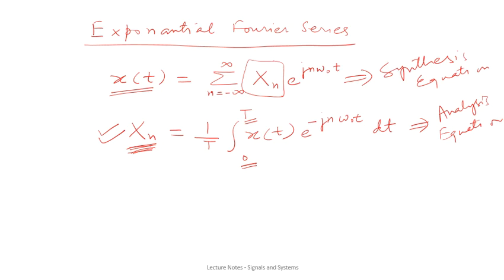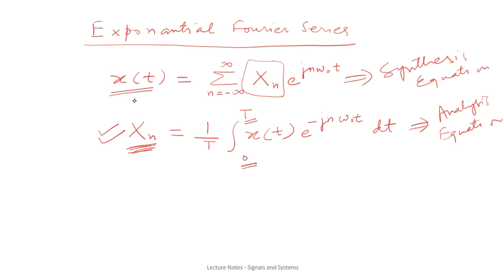Also, due to certain mathematical reasons, it sometimes becomes easier than the trigonometric form to manipulate mathematically. For these reasons the exponential Fourier series can be preferred, but both carry identical information.